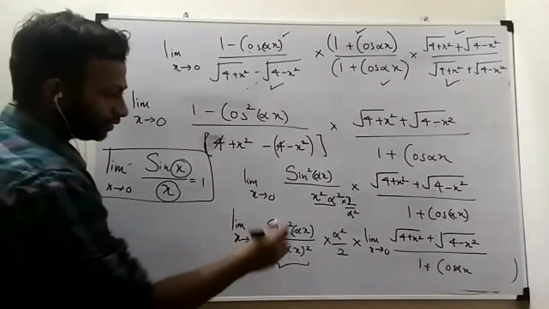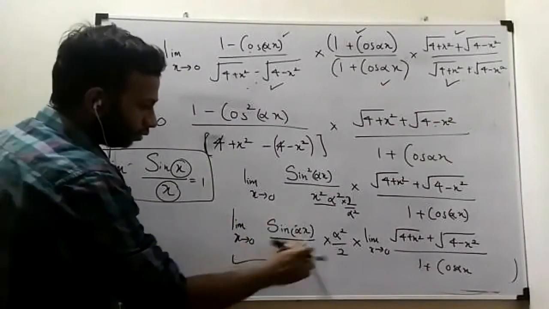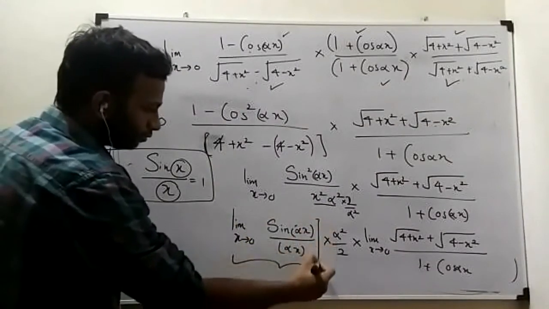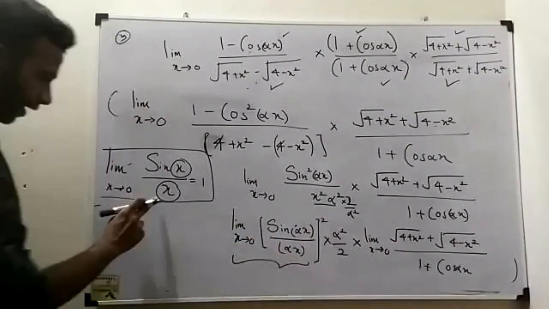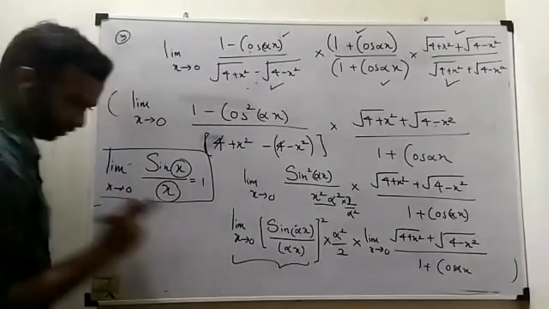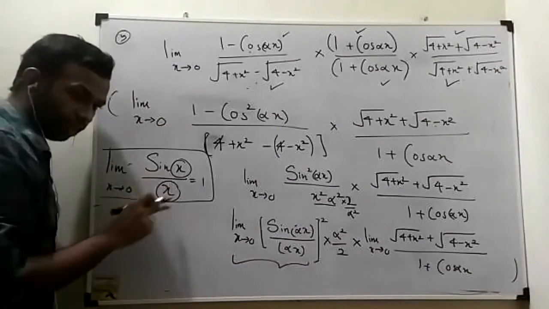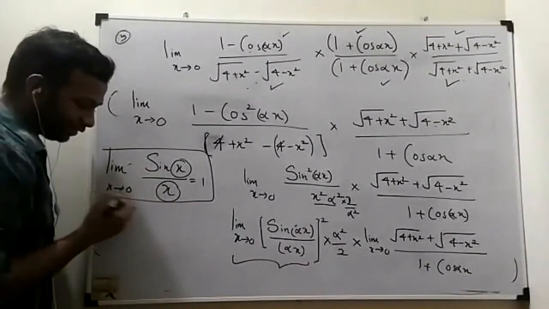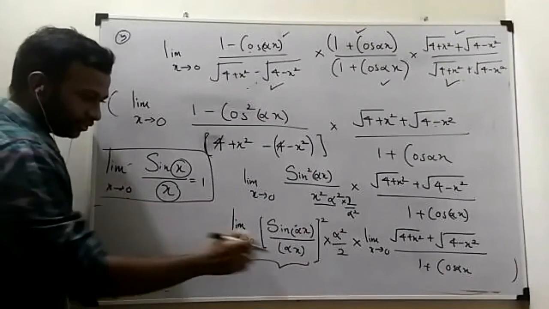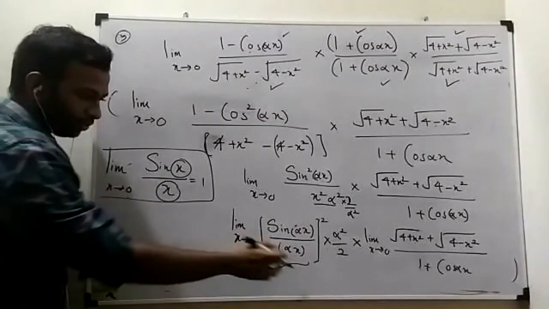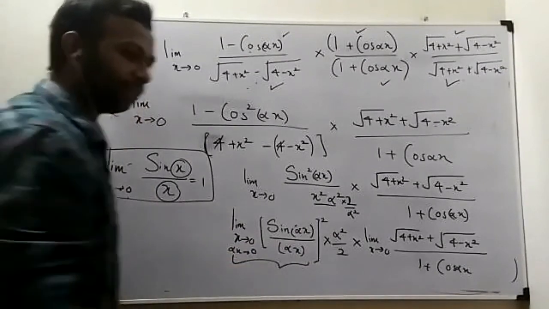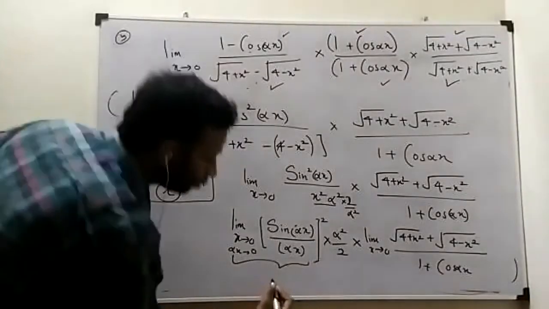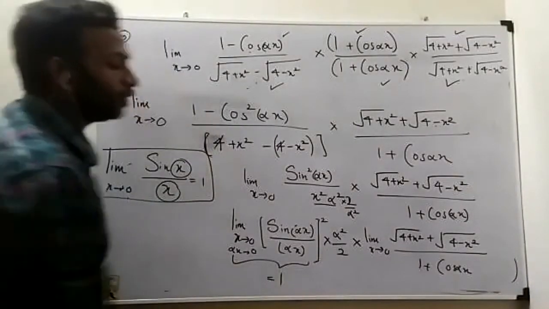Sin x, if you write the square outside, sin alpha x squared by alpha x. Now also remember, look at this, sin x divided by x, the same thing here, and x tends to 0. So here x tends to 0, but this is alpha x. But if x tends to 0, alpha x also tends to 0. Why? We multiply any value by 0, it will be the same value, 0, right? So this is equal to 1.